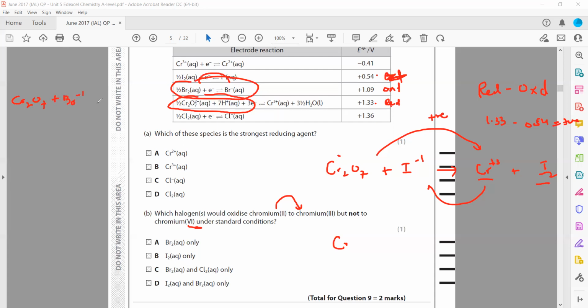So Br minus will be the reactant. So the reaction will be between dichromate and bromide. There will be no reaction between chromium 3 and bromine, because the electrode potential for this one is coming out positive, so the reverse one will be negative. Is it clear?